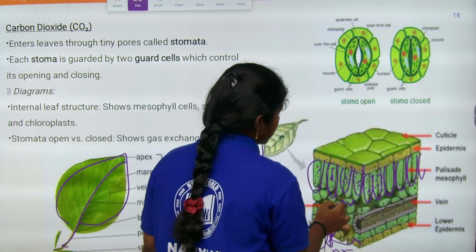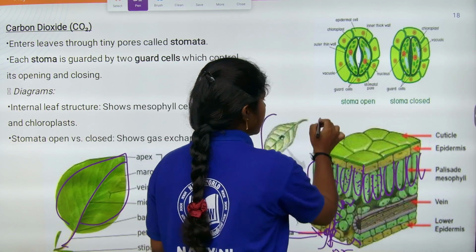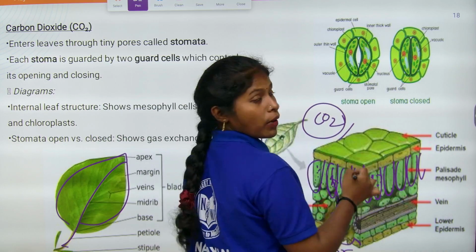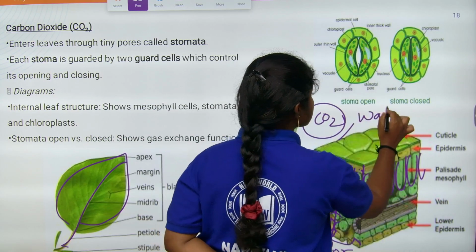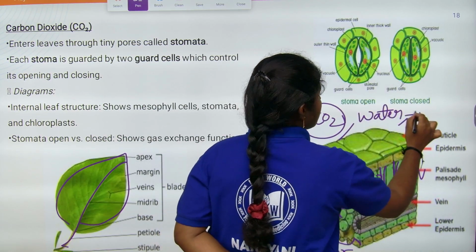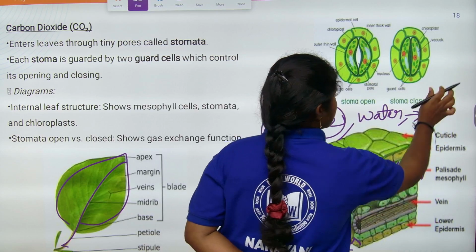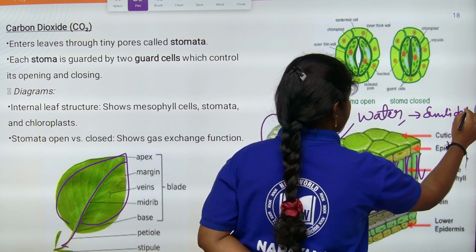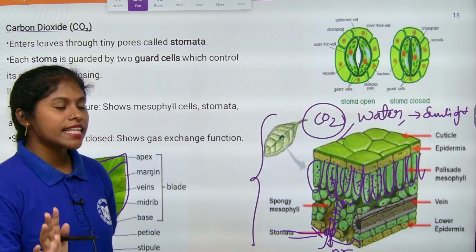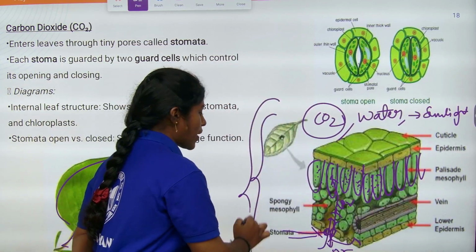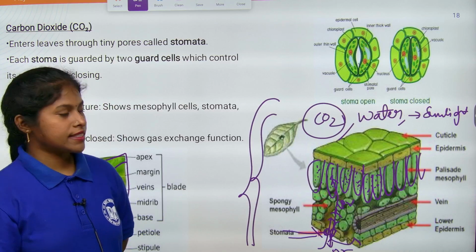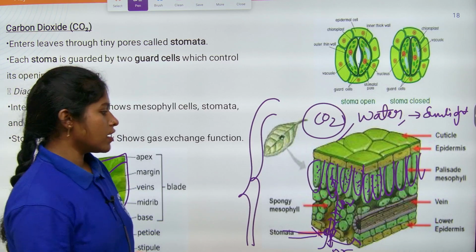So in the chloroplast, the raw materials, carbon dioxide from the environment and water from the roots, and the chlorophyll absorbing the sunlight, the preparation of food happens, right? So this is the internal structure, showing how exactly photosynthesis happens inside plants, especially in the leaves, right?